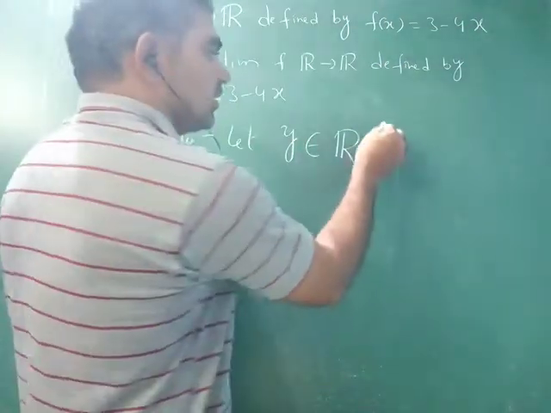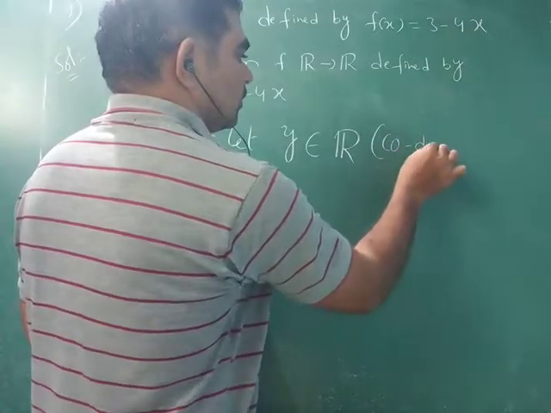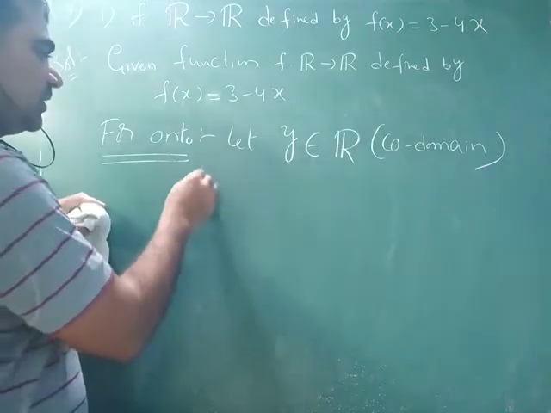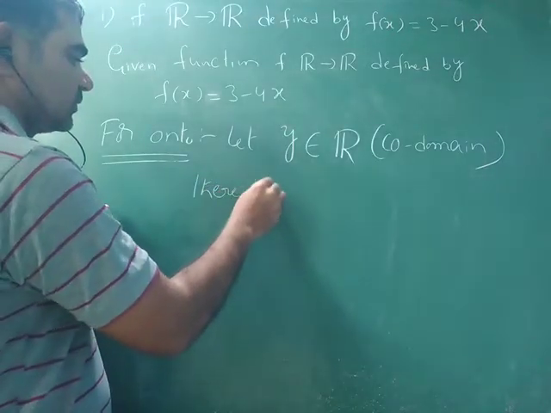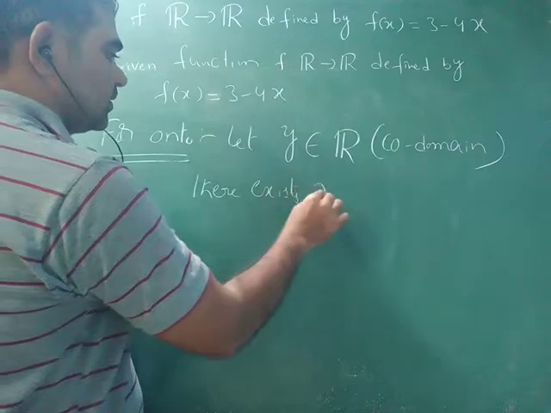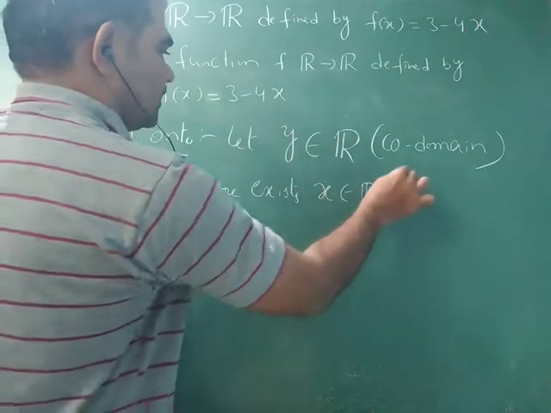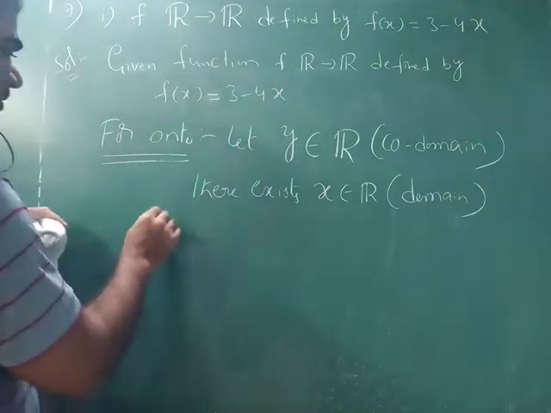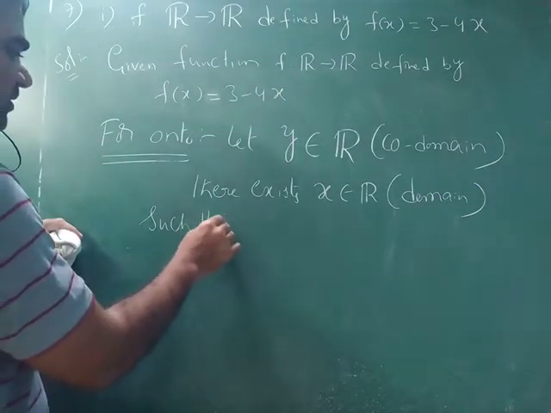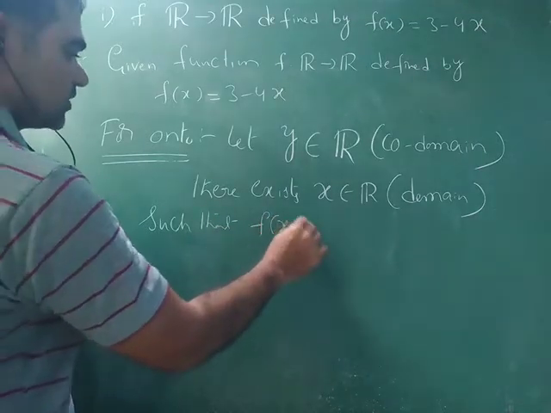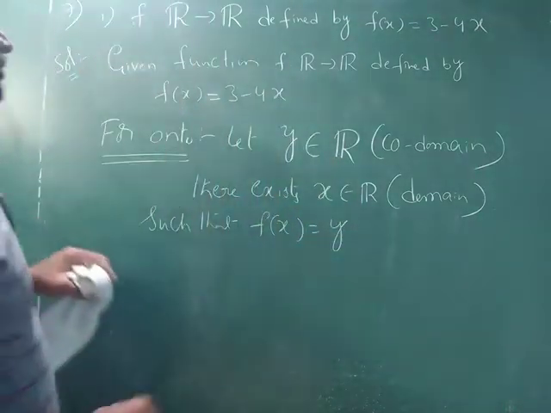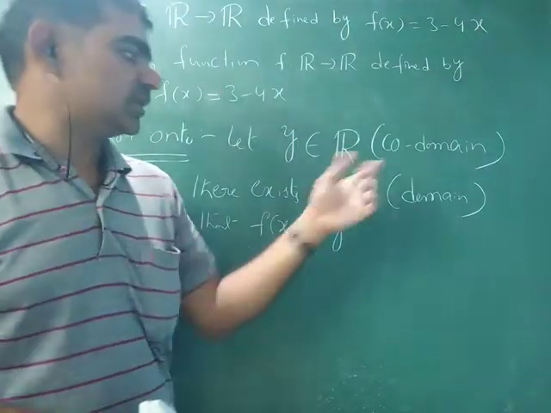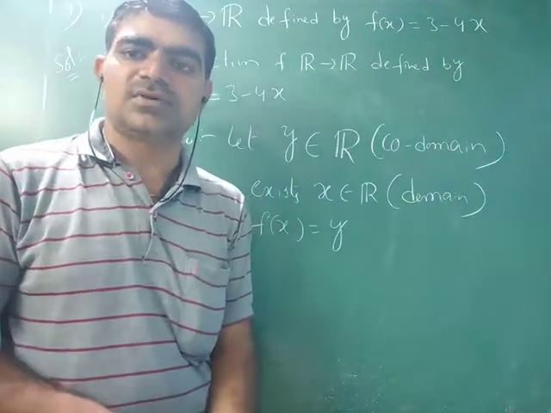That's why y belongs to R, in the codomain, there exists x belonging to R, in the domain, such that f of x is equal to y. For every element of the codomain, there exists x in R such that f of x is equal to y.